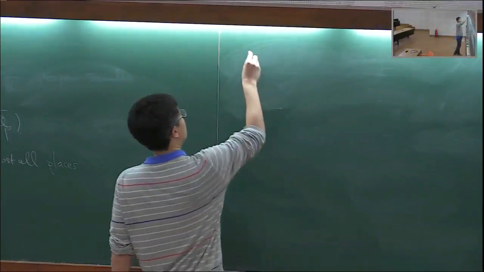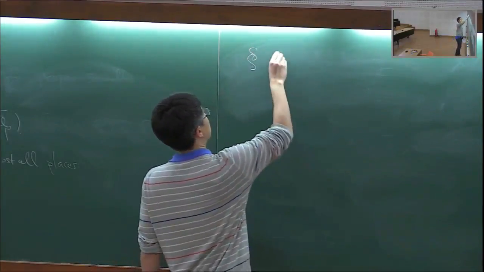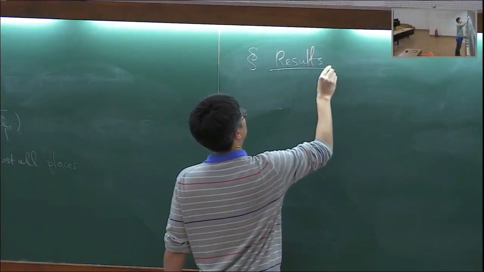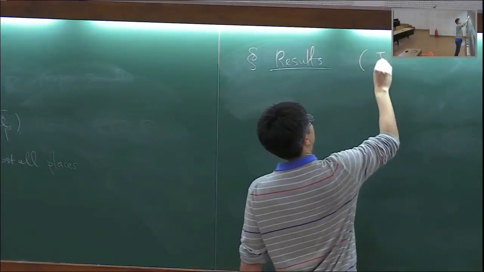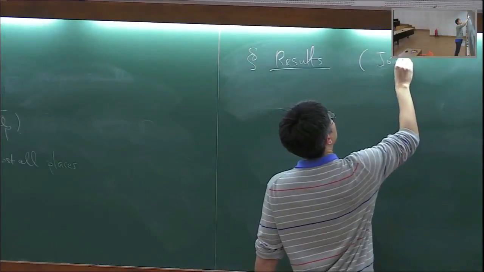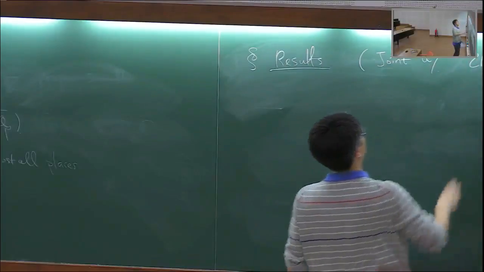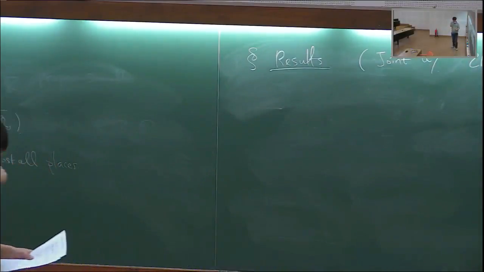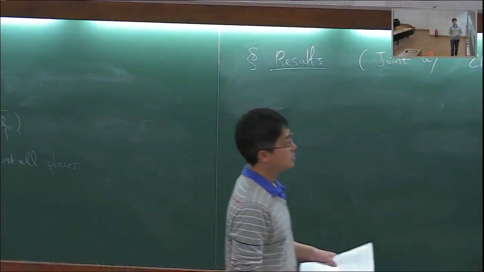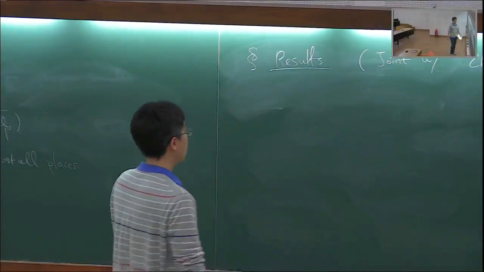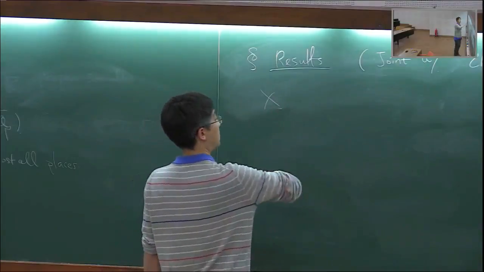Okay, so now let me state the results of this work. This part is joint with Xinwen Zhu. So again, fix the notation as before, K is a finite extension of QP, but now we come to the rigid world.